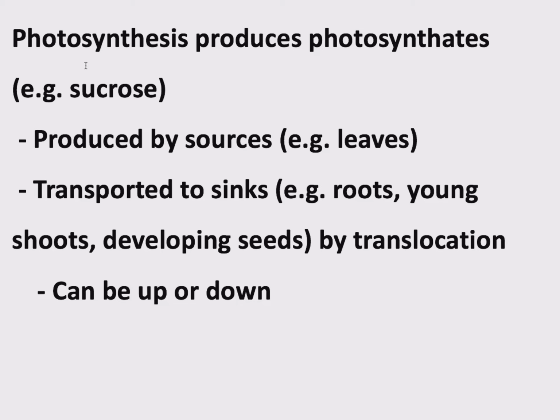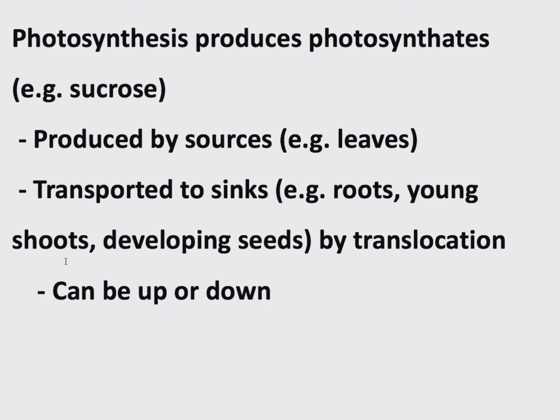These cells producing these are called sources. So leaves, for example, are a source, and the photosynthates are transported to areas of the plant called sinks. These are just areas of the plant that need those photosynthates. This can be roots. They're obviously not doing photosynthesis and they're actively growing. They need energy.